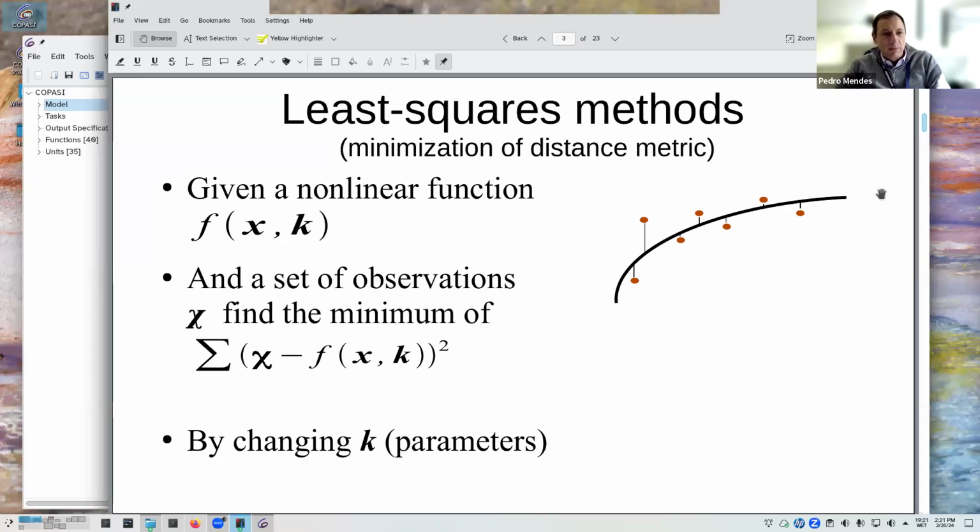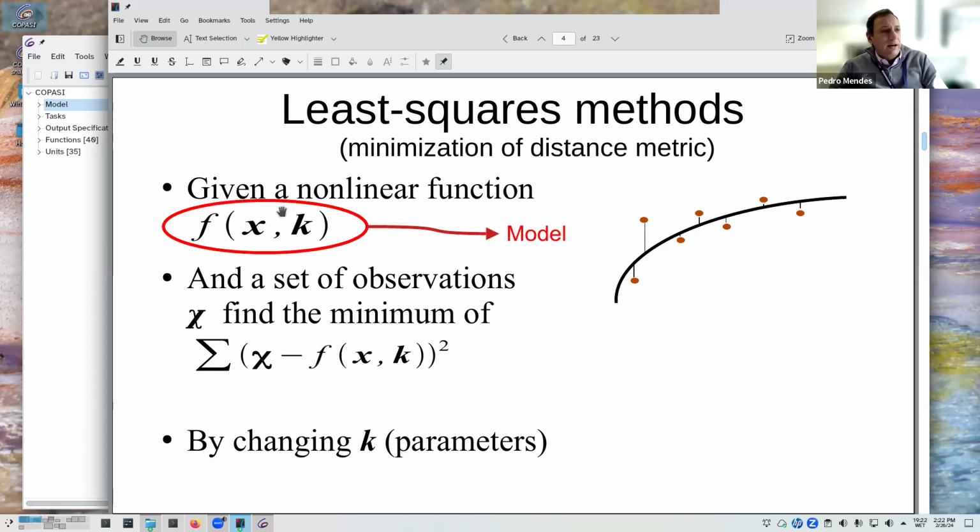Well, the model depends on a number of parameters, which we have been talking about. And by changing those parameters, we can tune the model more or less closely to certain data points. And that's exactly the whole principle of parameter estimation. So in this mathematical enunciation, this f of x and k is the model.